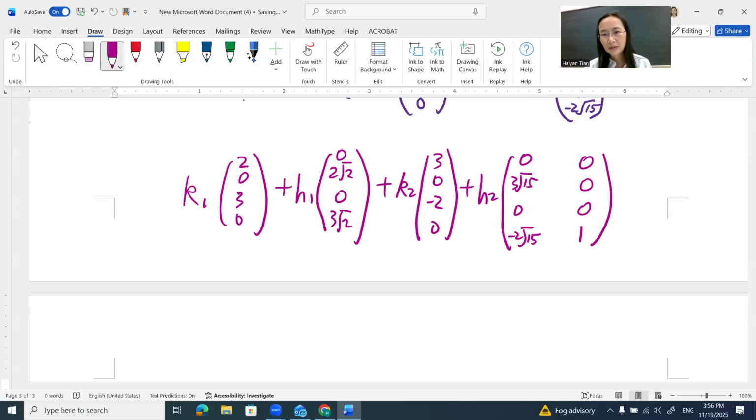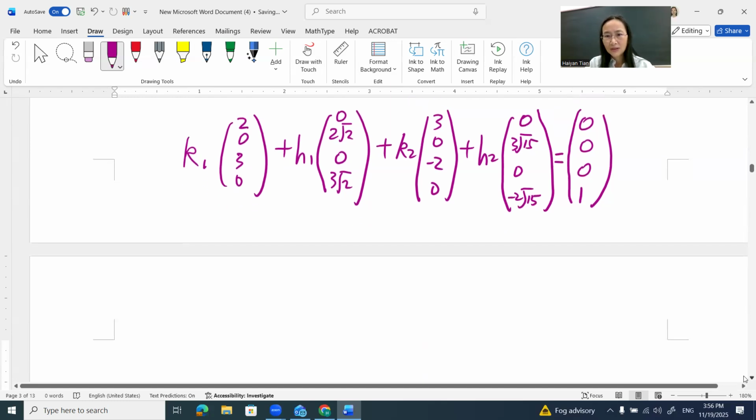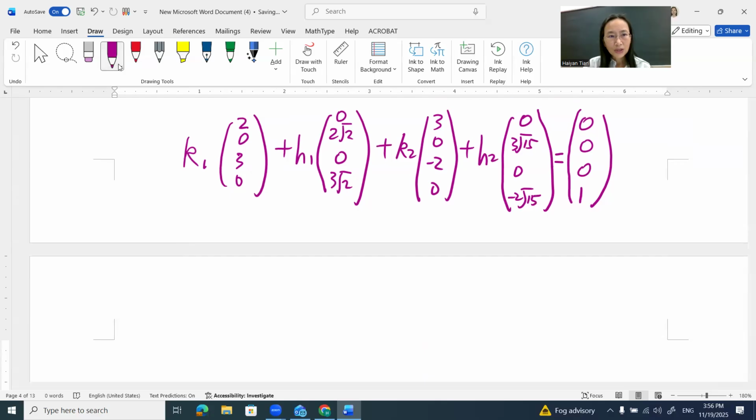So let's make it equal to this, so that the Z1, Z2, Z3, Z4 will be 0, 0, 0, 1 respectively. So that is how we can choose K1, H1, K2, H2. All these K and H values are real numbers. So you can see you just solve a linear system, and that's all you need to do.